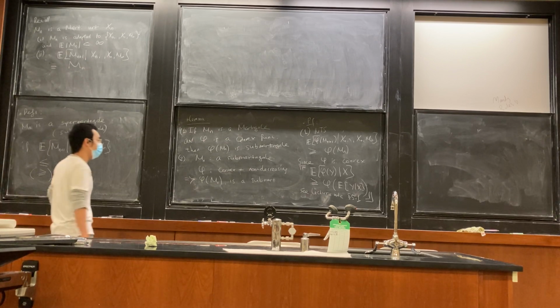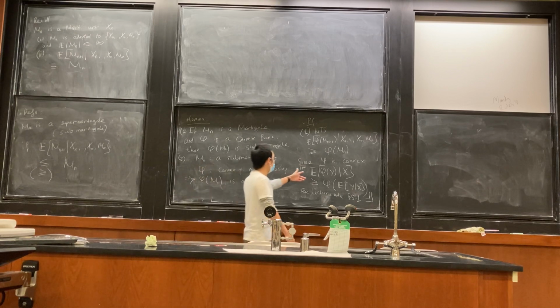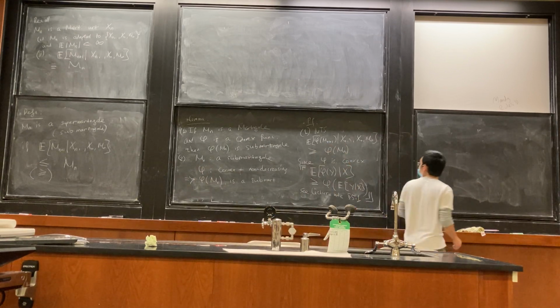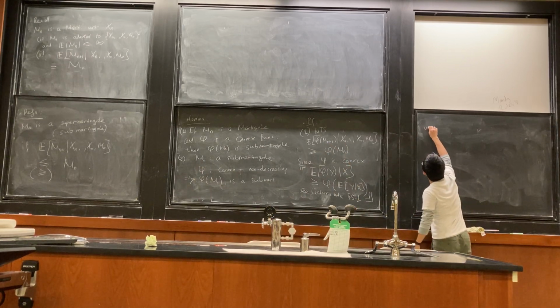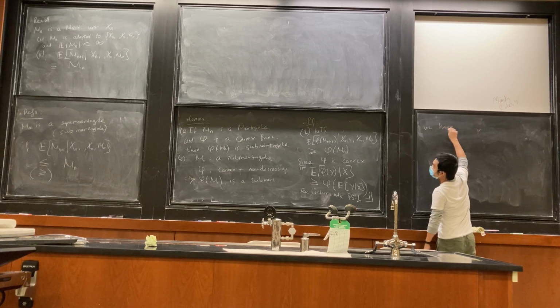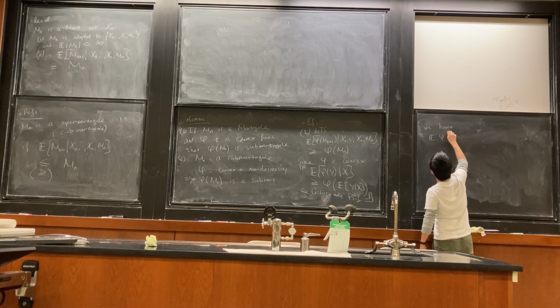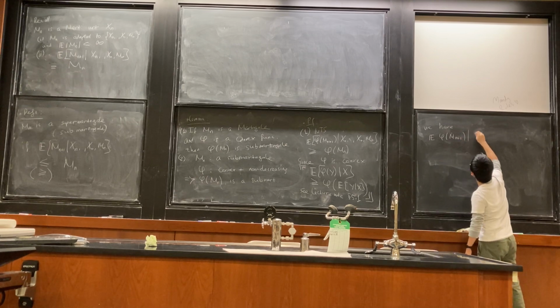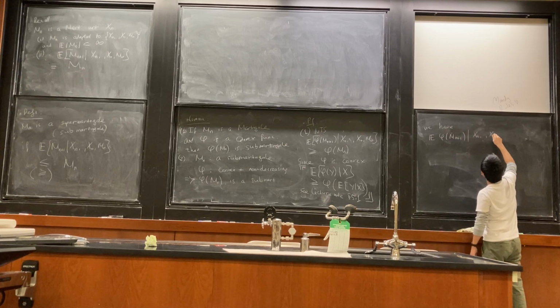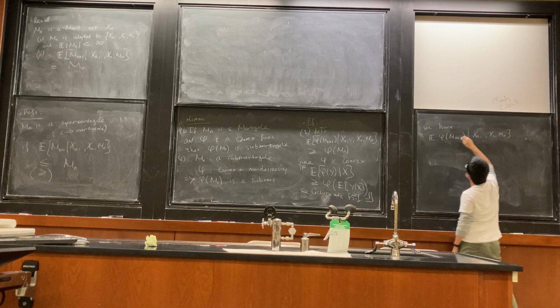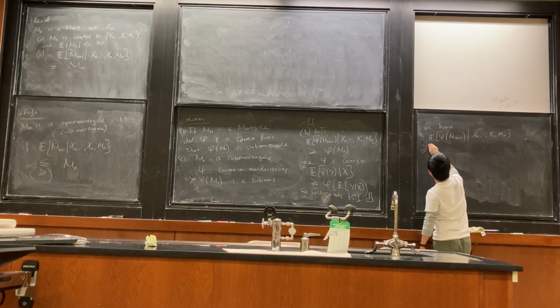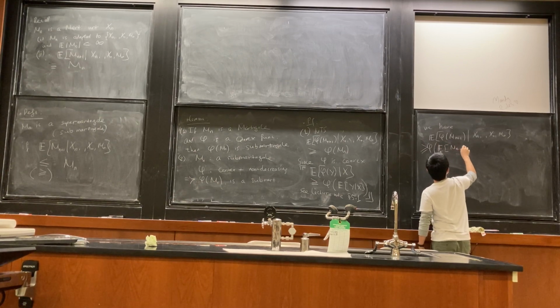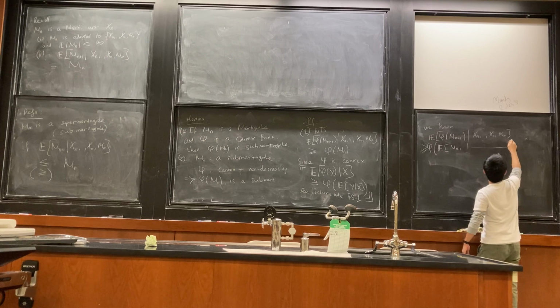If you apply this inequality here, since phi is convex, we have the expected value of phi of Mn plus 1 conditioned on X naught through Xn is greater than phi of the expected value of Mn plus 1 conditioned on this.